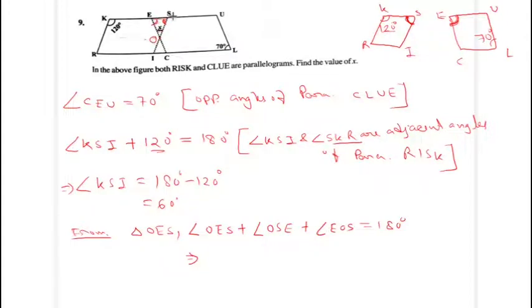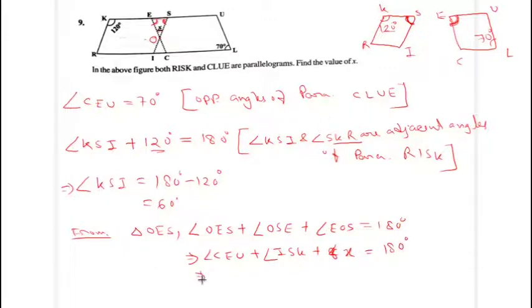Angle OES can be written as CEU, since we have just extended the lines, the same angle. Plus OSE, this angle, is ISK, the same angle, plus EOS, the name is X. So we put X, 180 degrees.